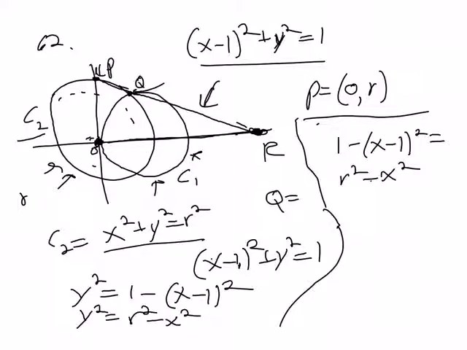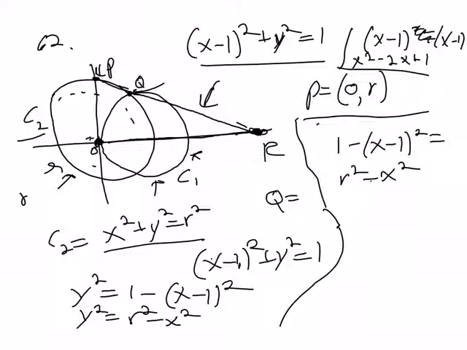Now, in order to solve for x, x minus 1 squared is x squared minus 2x plus 1.